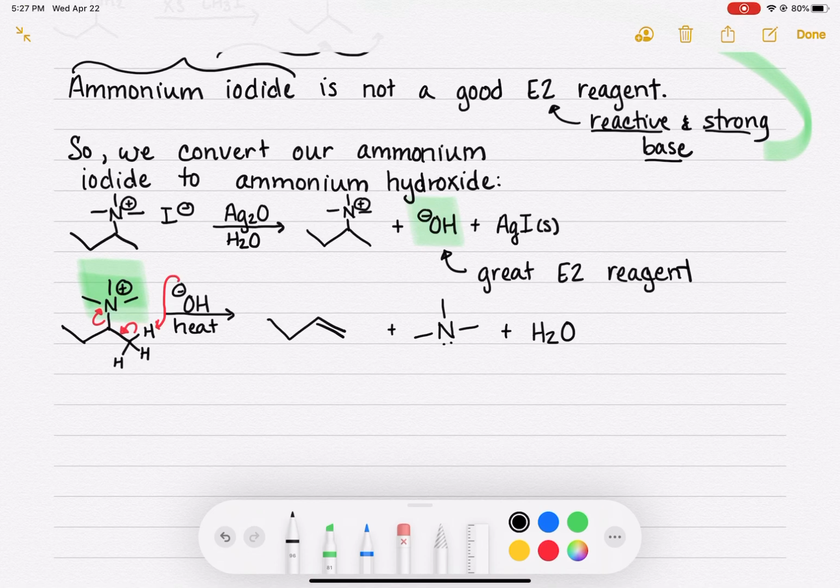The major product of this reaction is the least substituted alkene, and this is due to the sterics of the leaving group.